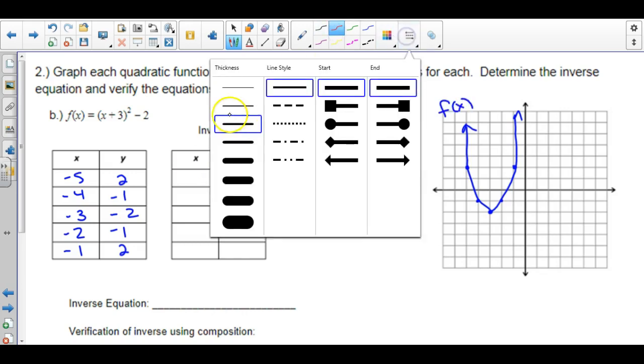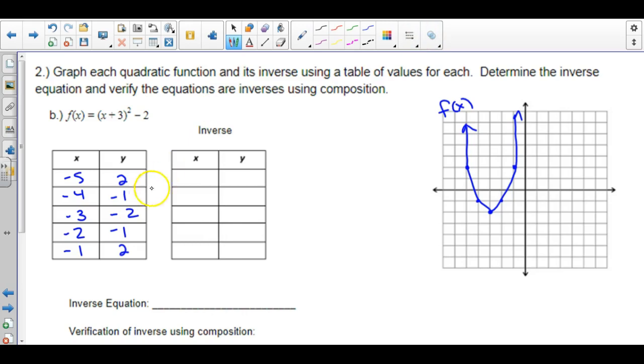And right away, I'm going to plot my inverse function by just flipping my coordinates. So my inverse table, I would take my 2, -1, -2, -1, +2, which were the y coordinates. Those now become x's, and then these x's are now going to become my y's. So -5, -4, -3, -2, -1, and then I'm going to plot these.